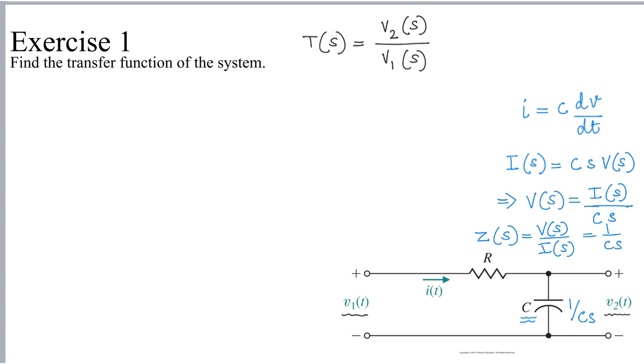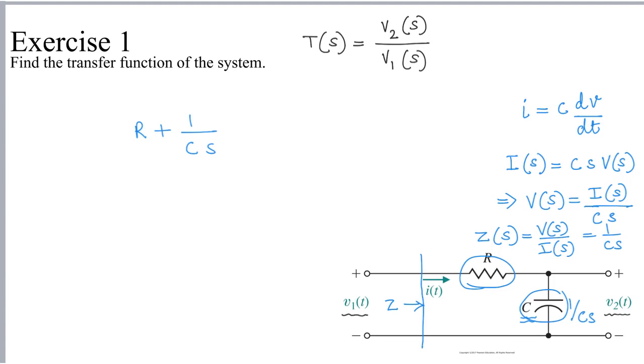So then, if that is the case, what is V2 going to be in terms of V1? There are various ways to do this. One way is to find the total impedance looking into the circuit from here. That is the impedance of this resistor plus the impedance of this capacitor, so it's R plus 1 over Cs.